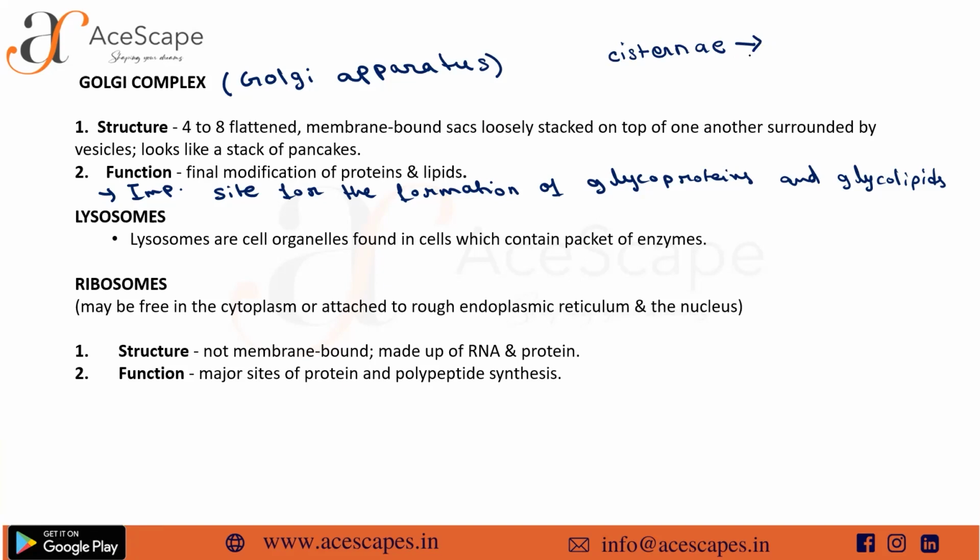What are these? They are a unique stack of smooth surfaced compartments. So these 4 to 8 flattened membrane-bound sacs loosely stacked on top of one another are cisternae. Their technical term is cisternae. They make up the Golgi complex.